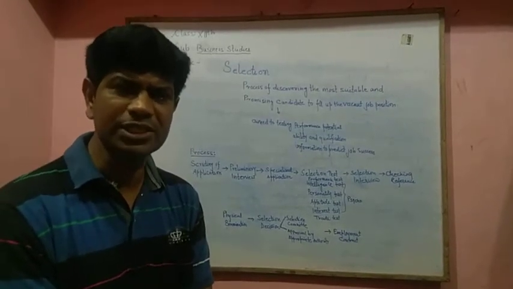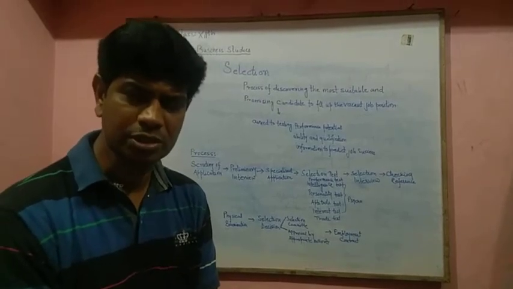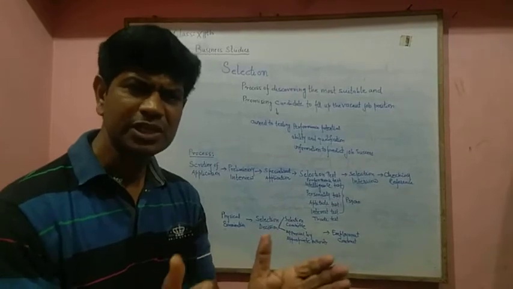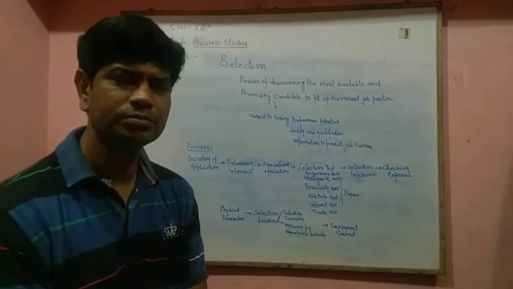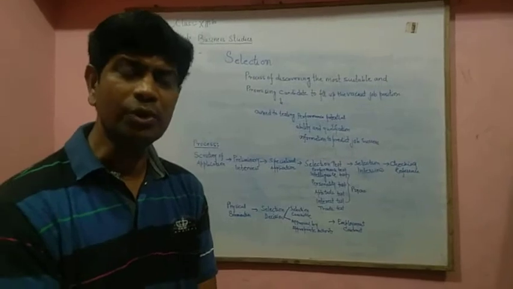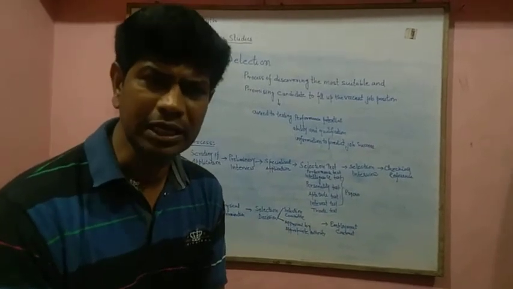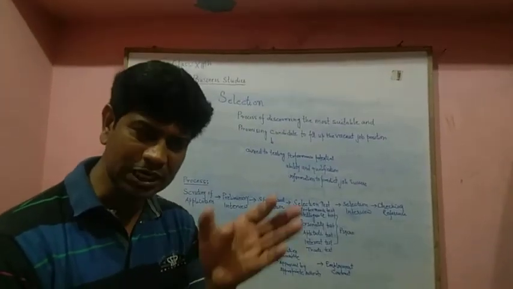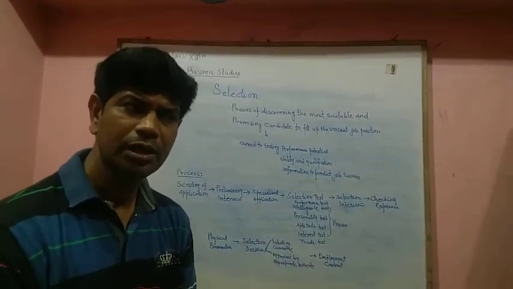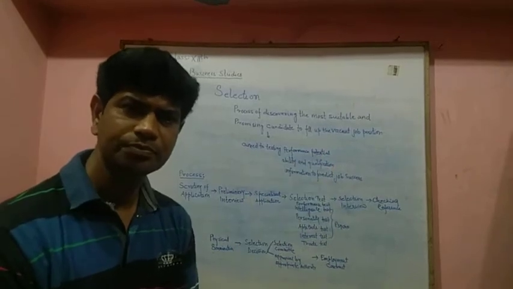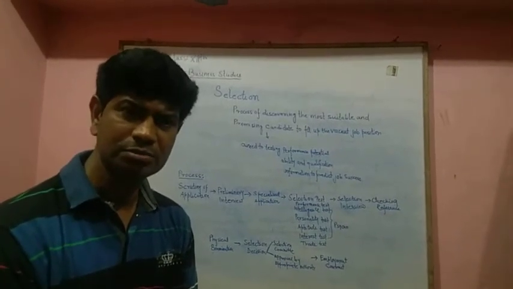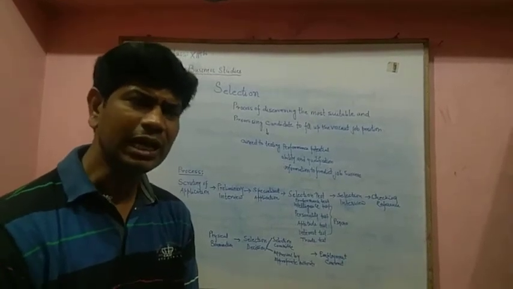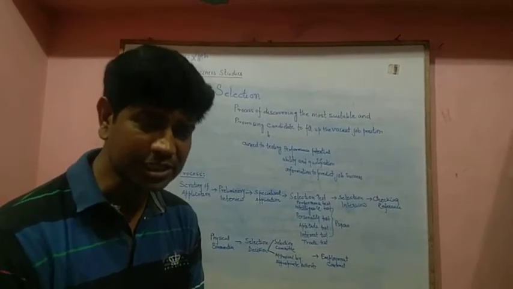The process of selection starts with scrutiny of the application form, or screening of the application form. Once we induce the employee, the information is communicated about a job position being vacant in an organization to a particular source, and the prospective employees, on knowing it, apply for the job in the organization.